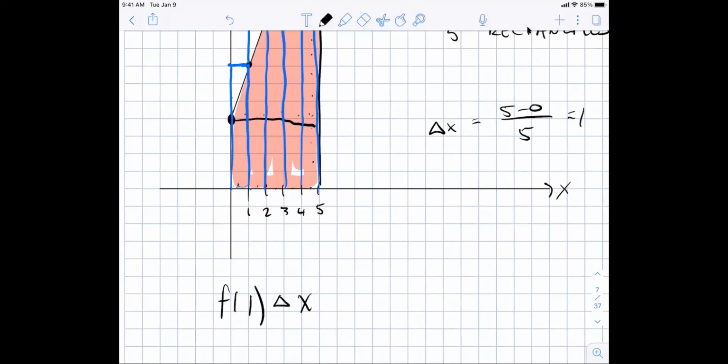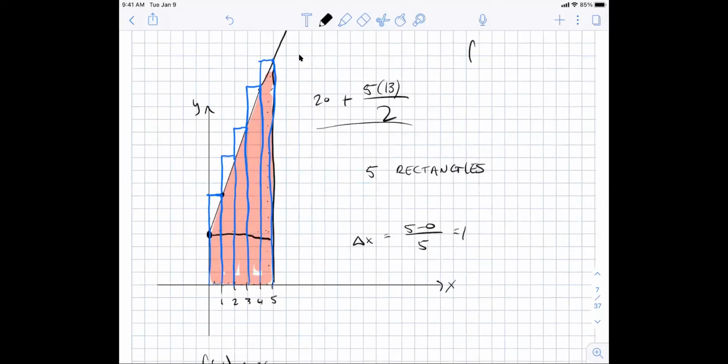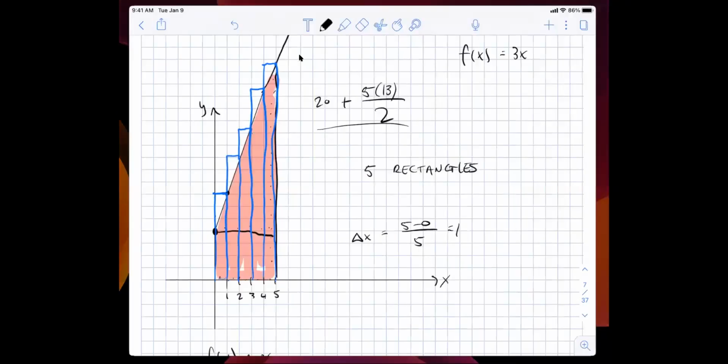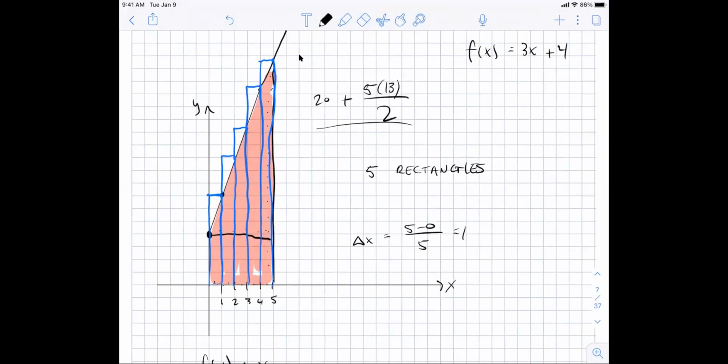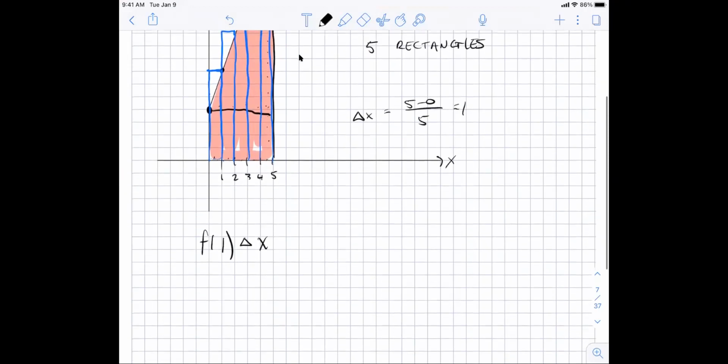Okay. Well, what is f of 1? Not from the graph, but from the function. We know the function f of x is 3x plus 4. So f of 1 is what? 7. Very good.